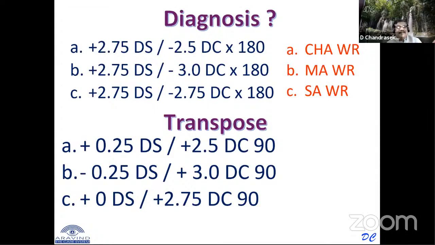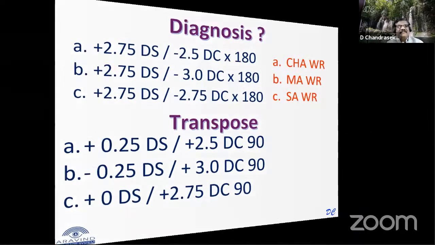If the cylindrical is more than the spherical, or even if you transpose, there will be opposite axes, minus and plus, plus and minus. So that becomes a mixed astigmatism. But if both are the same, remember, it will become a 0 diopter spherical and it will become plus, that is simple hypermetropic astigmatism, only one axis. So this is how you say what the diagnosis is based on the problem.